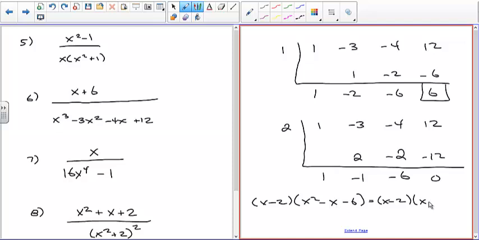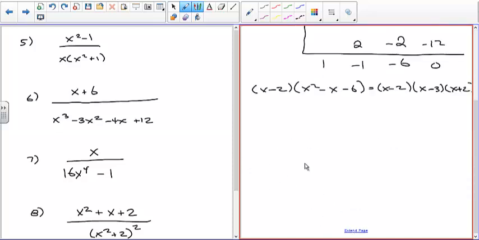And so we're going to have x minus 3 and x plus 2. So you can see if I multiply these out, I'll get negative 3x plus 2x, which gives me negative 1x. So this is an example of the case where you have 3 linear factors. So it's just a little bit more work.